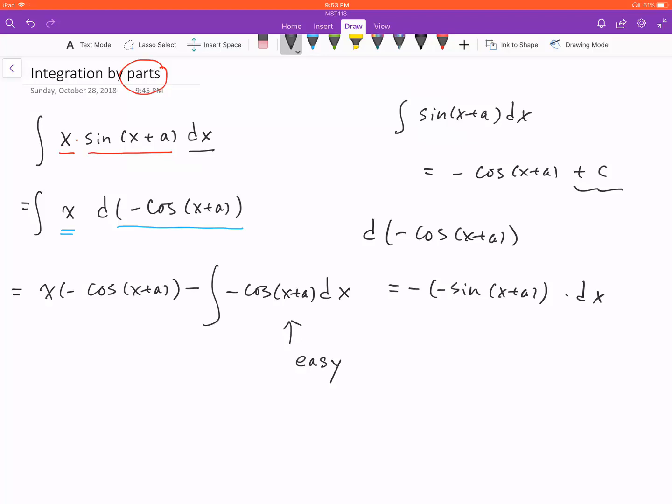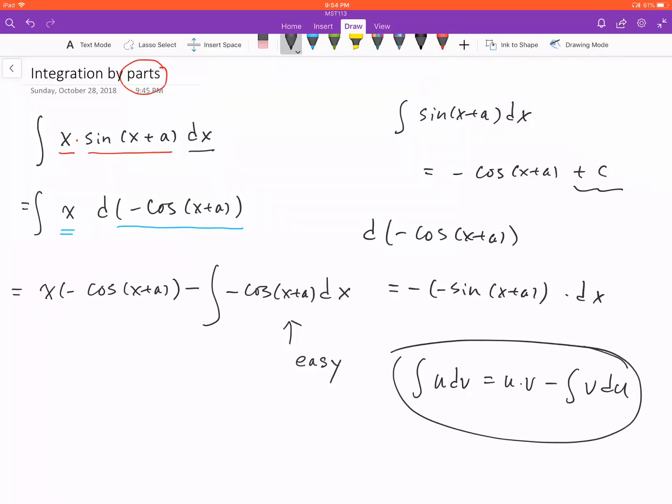This is exactly what we learned in Calculus 2 when we did integration by parts. At that time, we were saying that the integral of u dv is equal to u times v minus the integral of v du. And that's the formula for integration by parts. So once we have this step over here, then we have negative x cosine(x + a), and then plus the integral of cosine(x + a) dx.